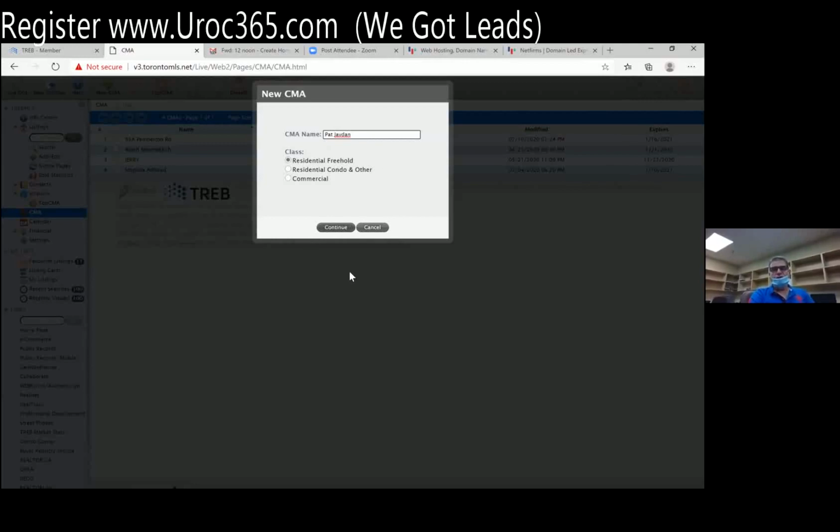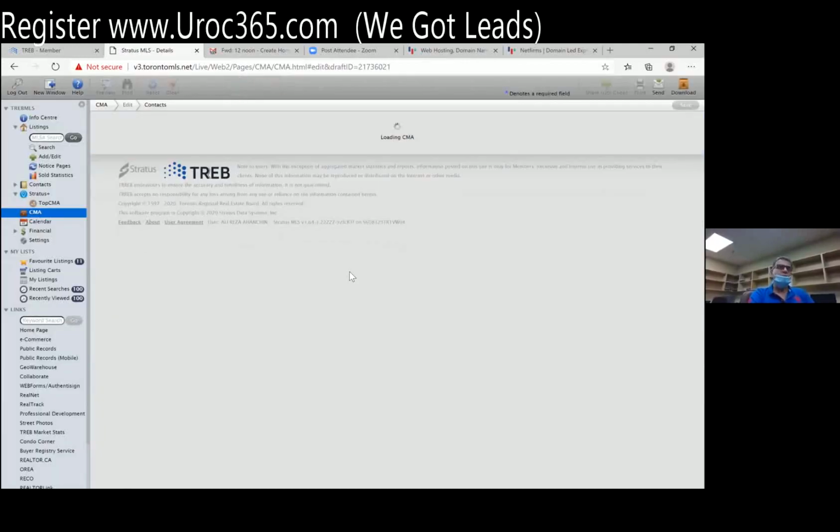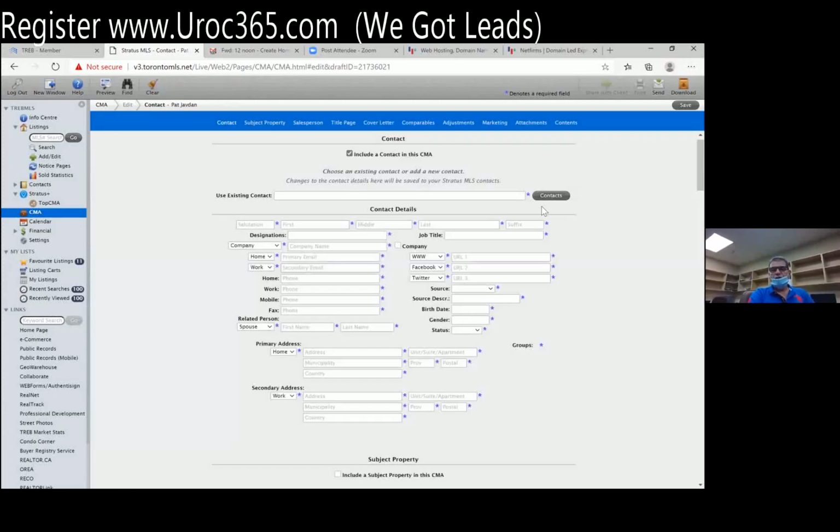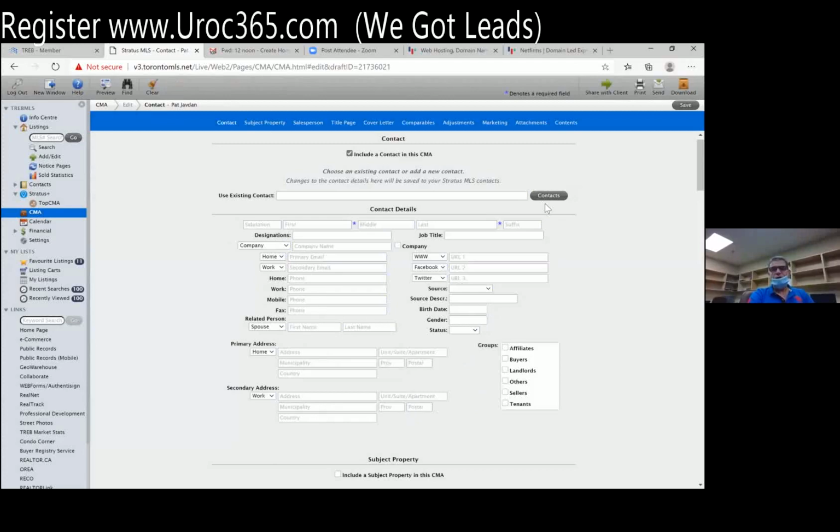It brings us to another screen, the same as search properties. One of the questions asks whether you have the person in the contact list or not. If you have the contact list, you can pick the person, and automatically everything is filled in. If you don't have it, you go to this area.